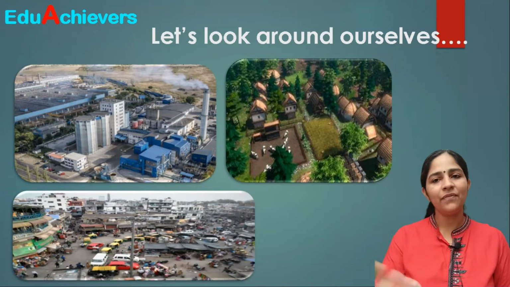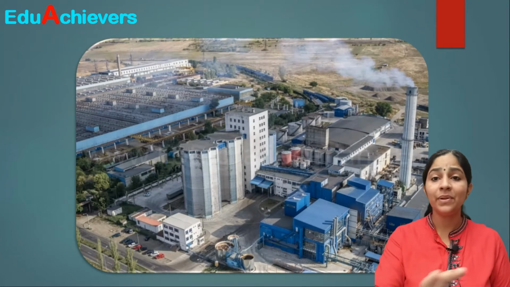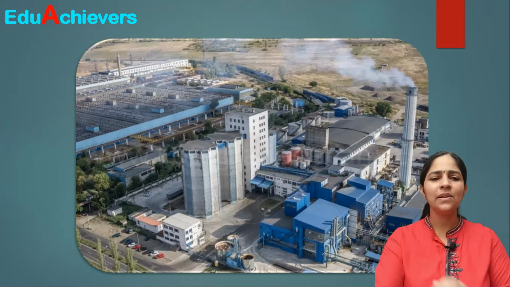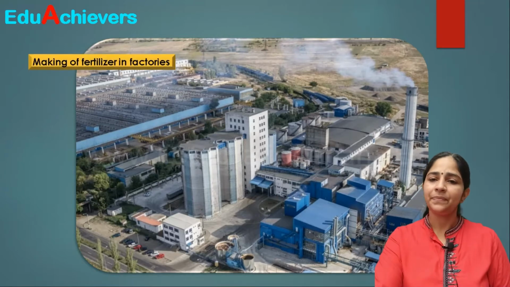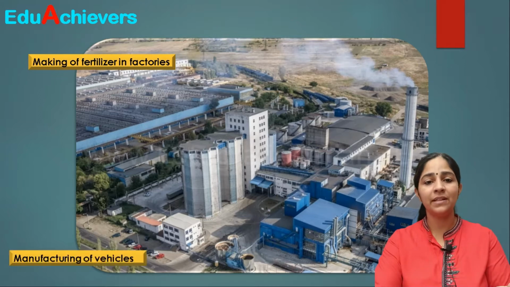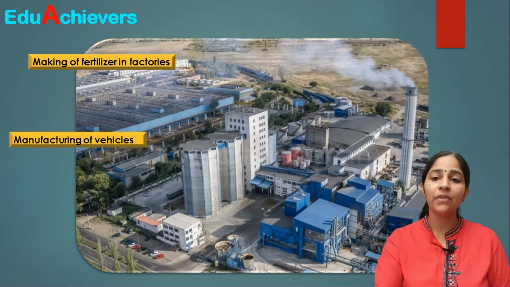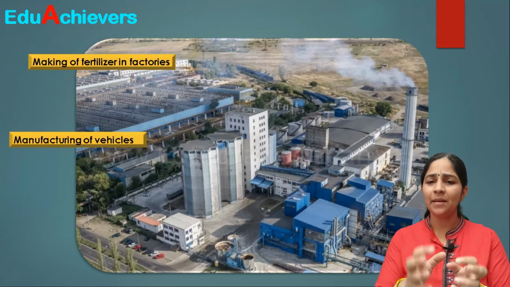So let's talk further. If I look at this industrial or city area with a lot of industry, a lot of activities will be going on there. If it's a manufacturing industry, for example, fertilizers can be manufactured in that industry. If it's manufacturing of vehicles, then it will also involve a lot of physical and chemical processes.